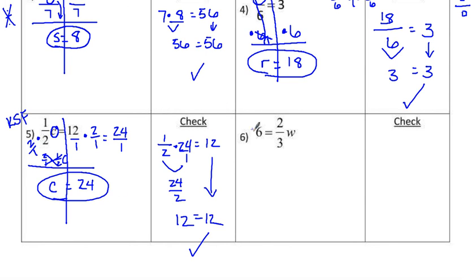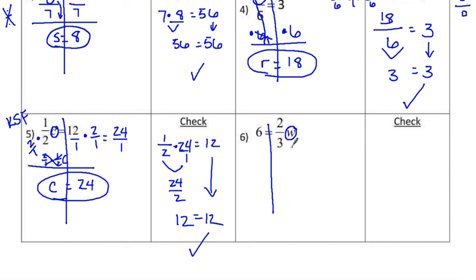Same thing for number 6. Draw your line down your equal sign. Find your variable. In this case, it's the w. If I look to see what's stuck with it on the same side, I have 2/3 times w. So how am I going to get away the 2/3 if it's being multiplied by w?